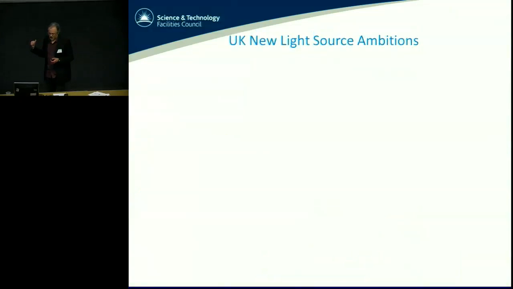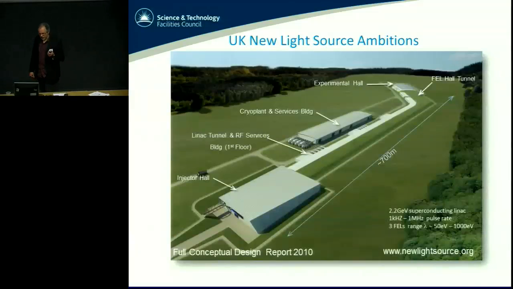Okay, so does the UK have any light source ambitions? CLARA we know about. It also has ambition, a new light source. I was a member of the team led by Richard Walker that looked in depth at a fully spec'd out concept of what a UK FEL source would look like.